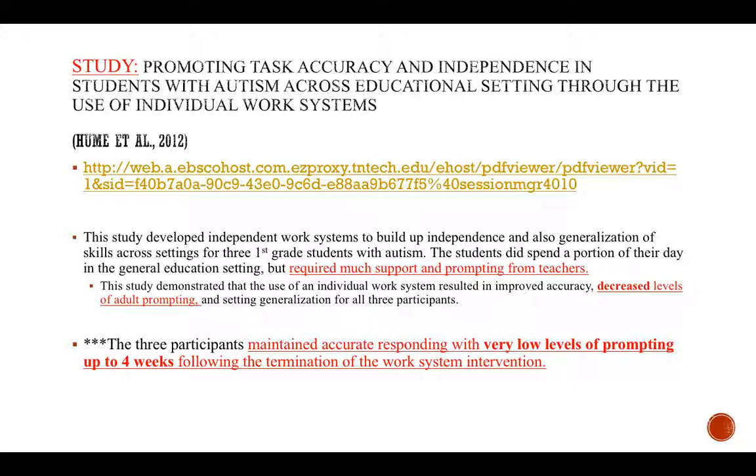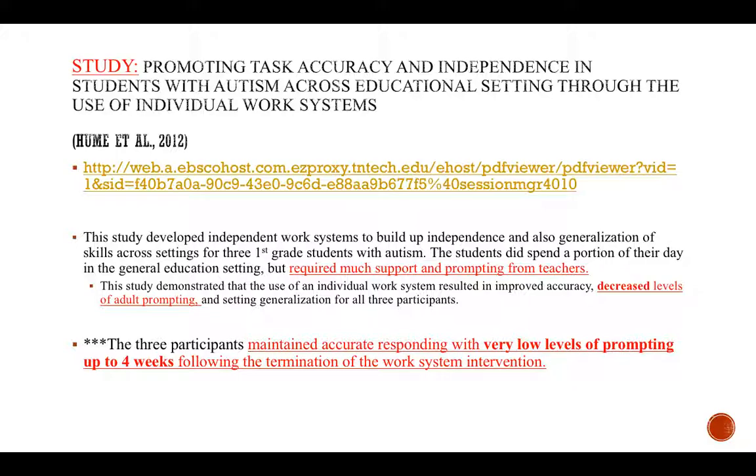All right, I looked up an article through the TTU library, and it is Promoting Task Accuracy and Independence in Students with Autism Across Educational Settings Through the Use of Individual Work Systems. It was written by Kara Hume and 2 other colleagues in 2012 from the Journal of Autism and Developmental Disorders. I really liked this article.